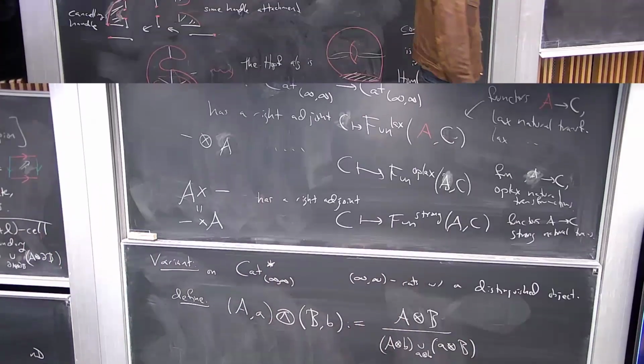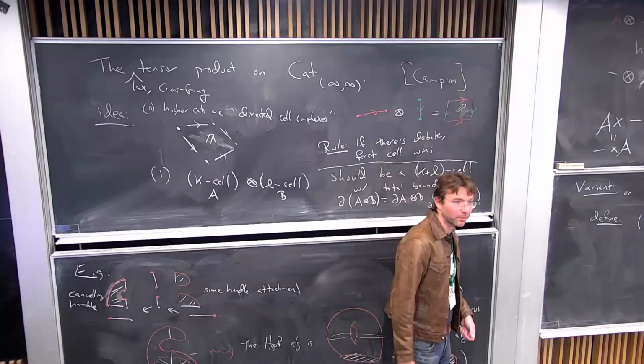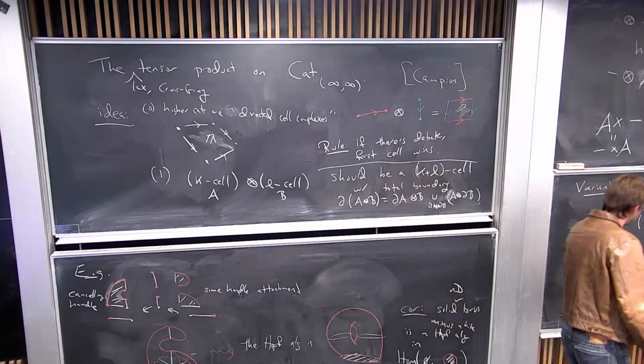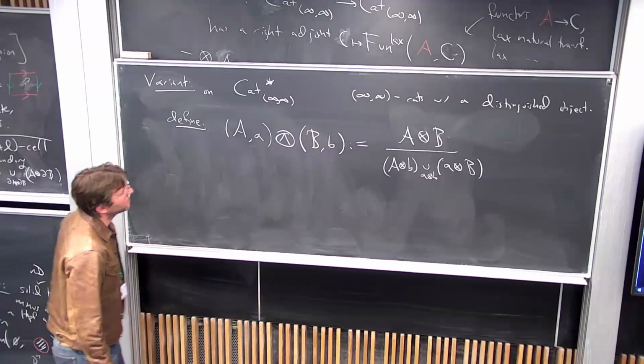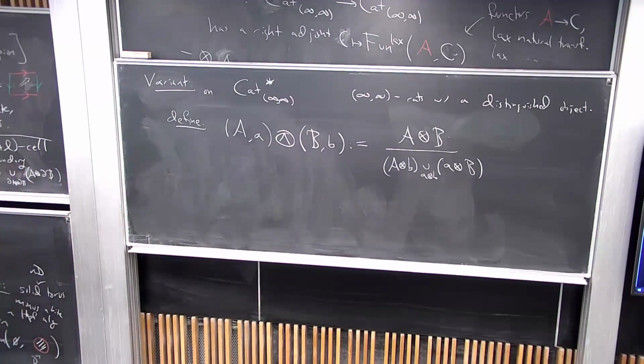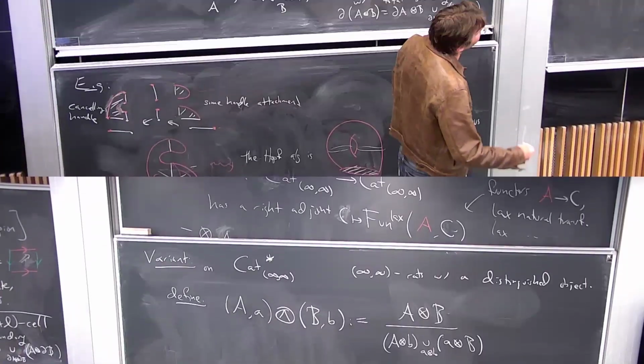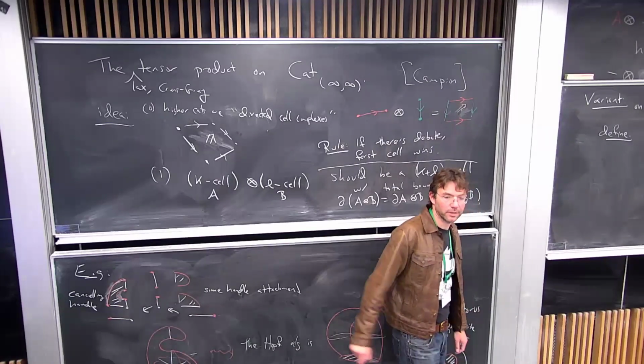It's a totally natural thing to do if you prefer pointed spaces. So the inner HOMs for this are functors and natural transformations, all of which preserve the base point strongly.